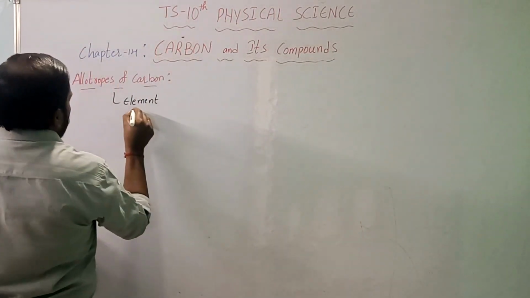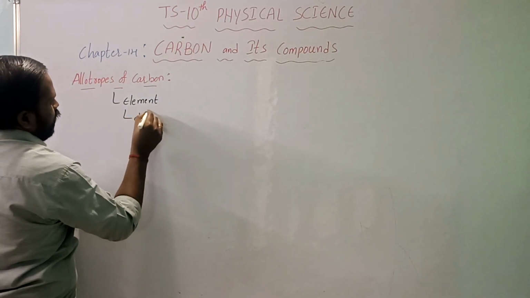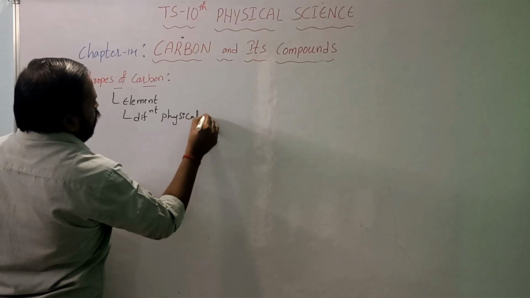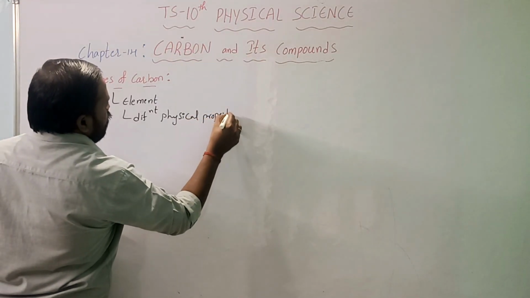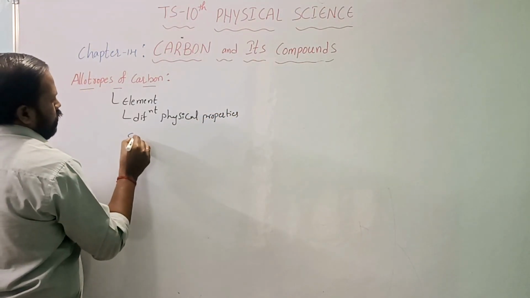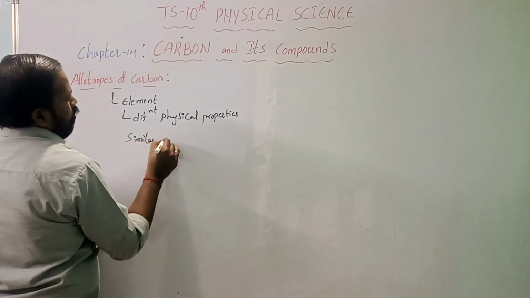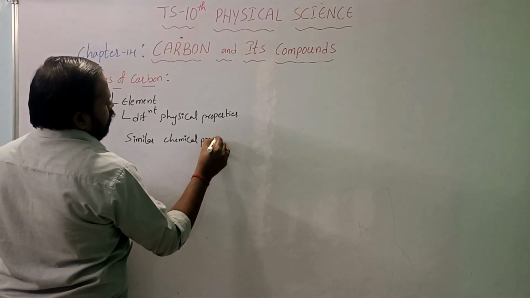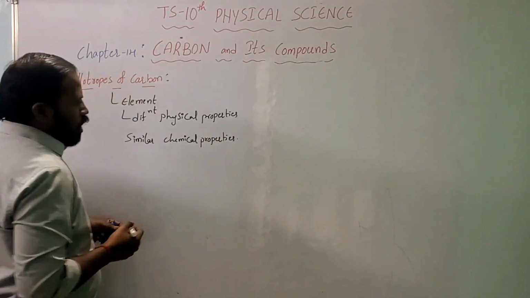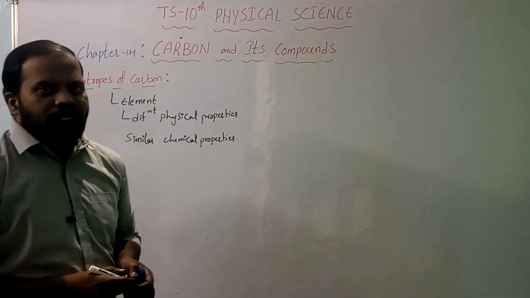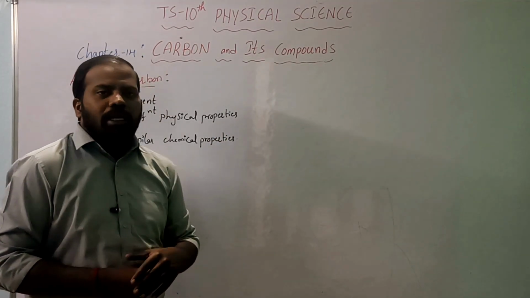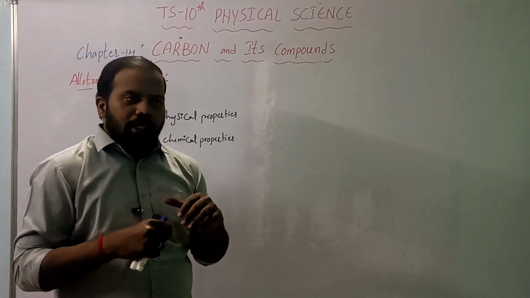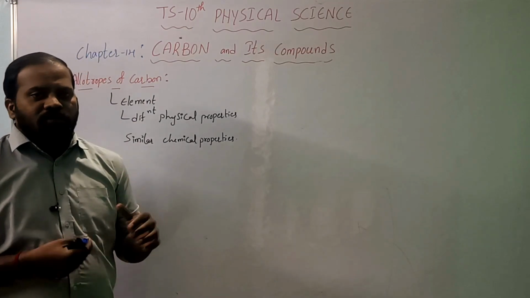Any element that shows different physical properties but similar chemical properties, we call allotropy. Those forms are called allotropes of carbon.